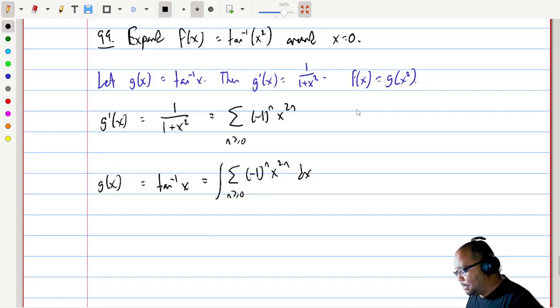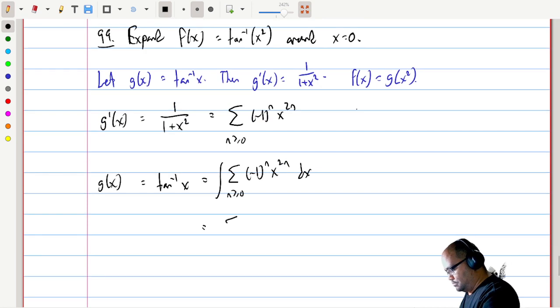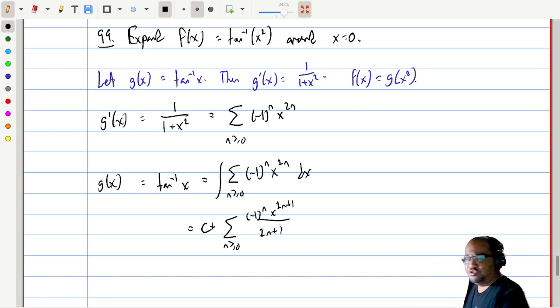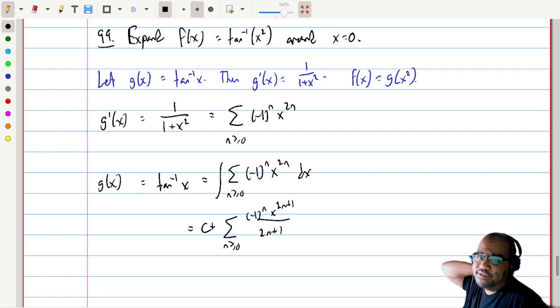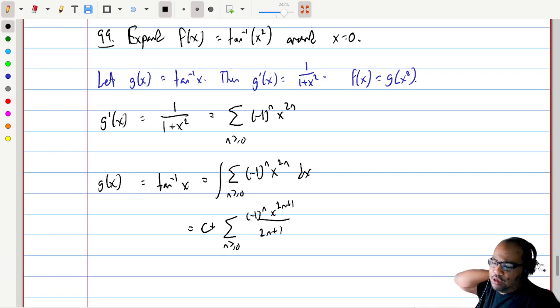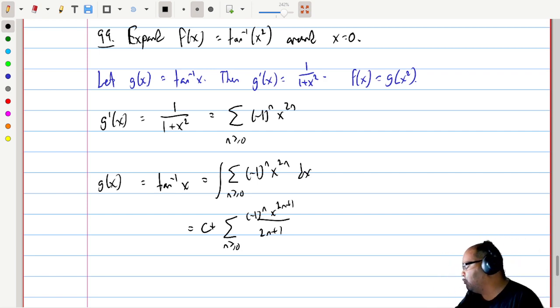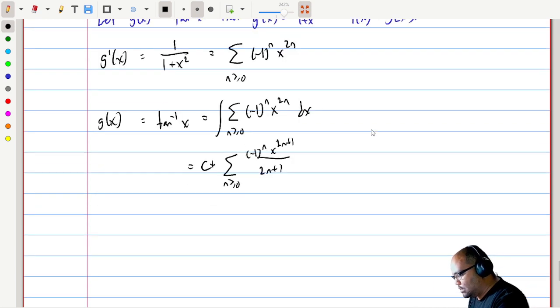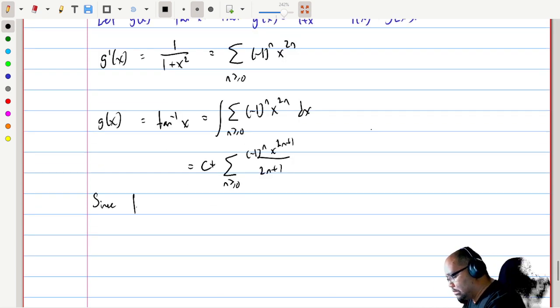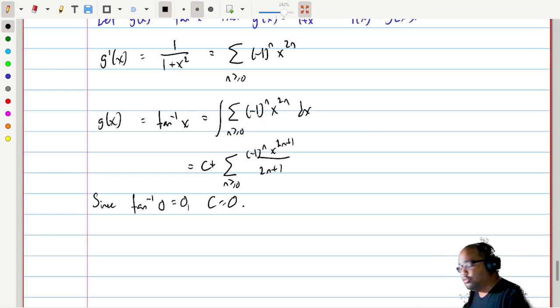That's just by the power rule: minus 1 to the n times x to the 2n plus 1 over 2n plus 1, plus some constant of integration, because we need that for indefinite integrals. But because of how arctan is, we're expanding at 0. We want to make sure that the value agrees at 0. So since arctan of 0 is 0, c is equal to 0. I'll leave you the details on that.